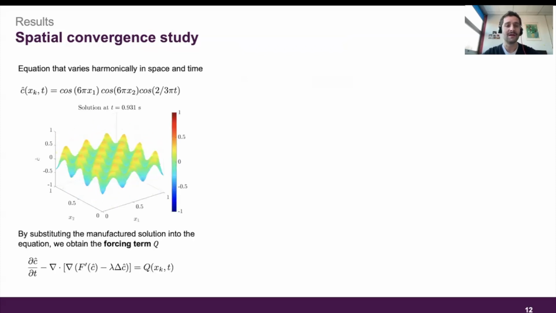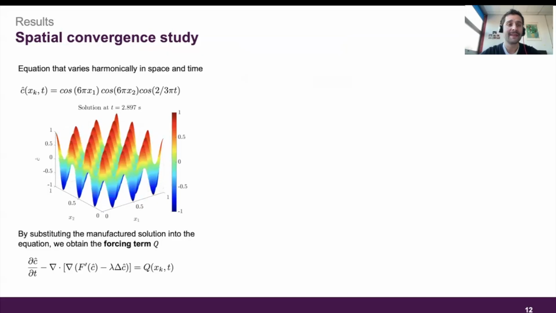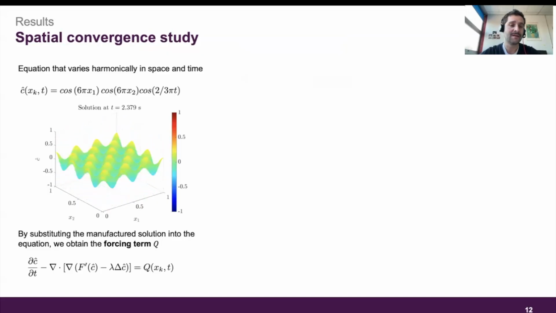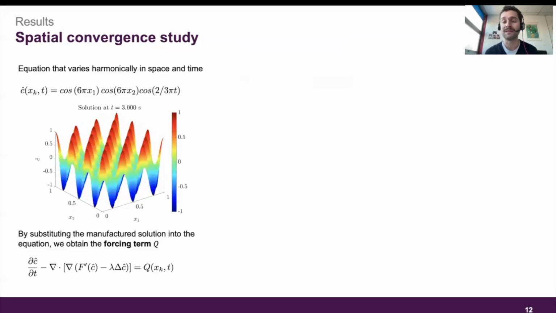For that, we started from a work in the literature that uses an equation that varies harmonically in space and time to first test the correctness of our implementation. And we did that through, as I said, a manufactured solution that we plug in directly into our equation, resulting in a forcing term that is then added to the formulation.